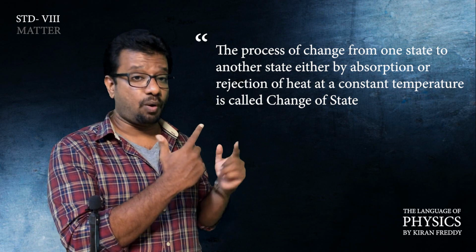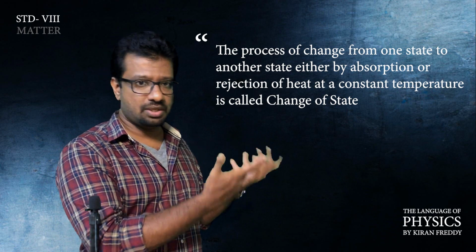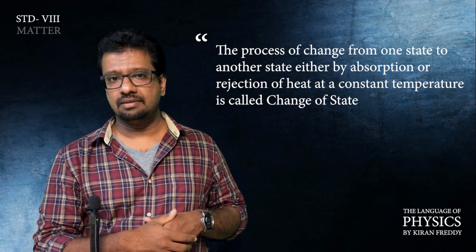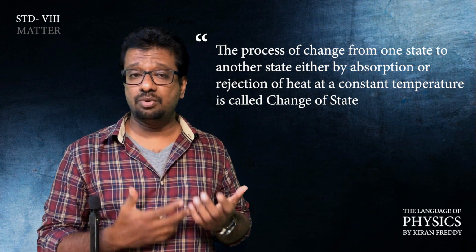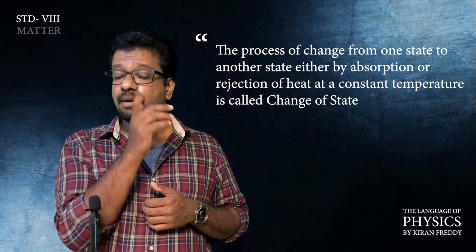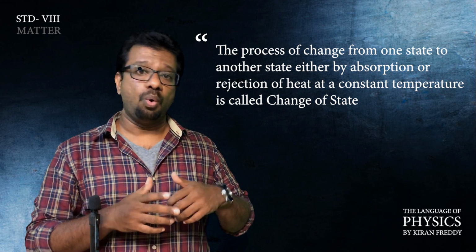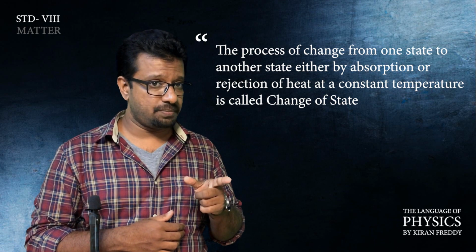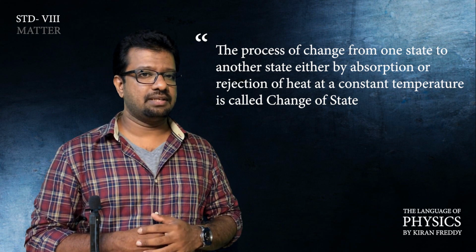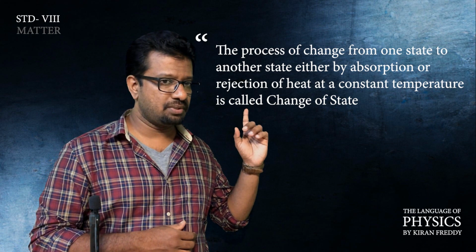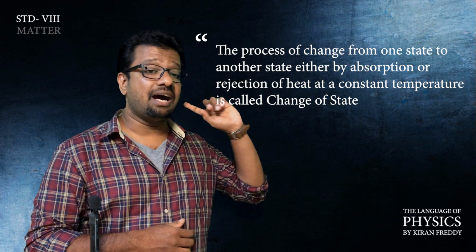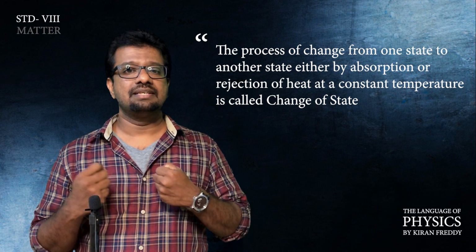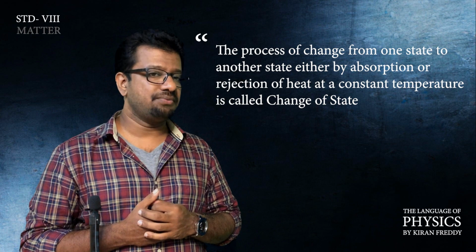The process of change from one state to another, that you can understand. How can we change a body from one form to another? Either by absorption or rejection of heat energy. One more thing to be mentioned here: at a constant temperature.